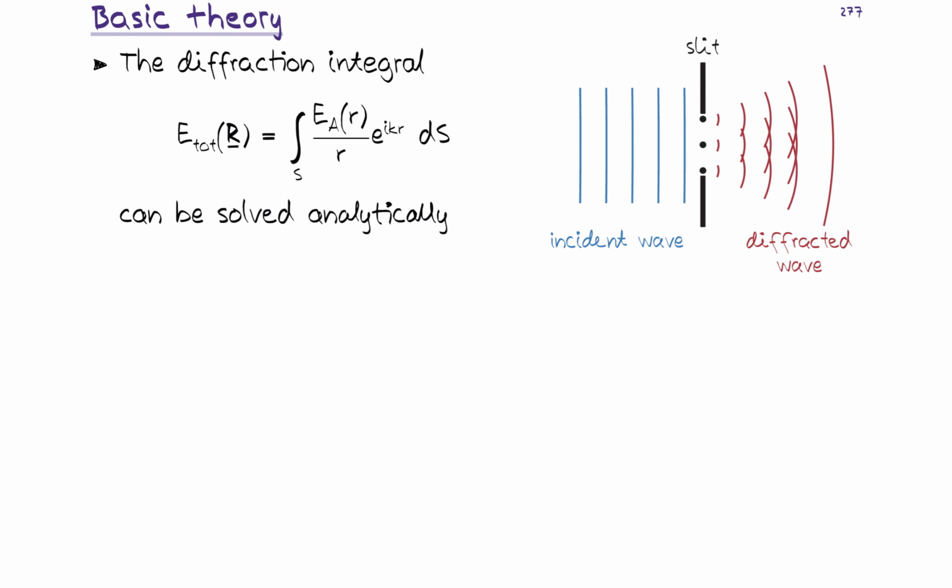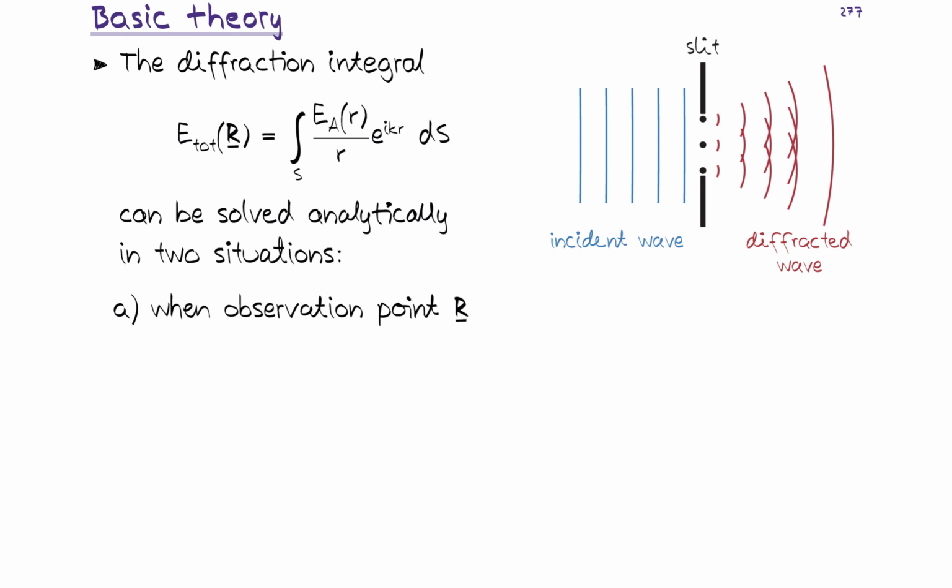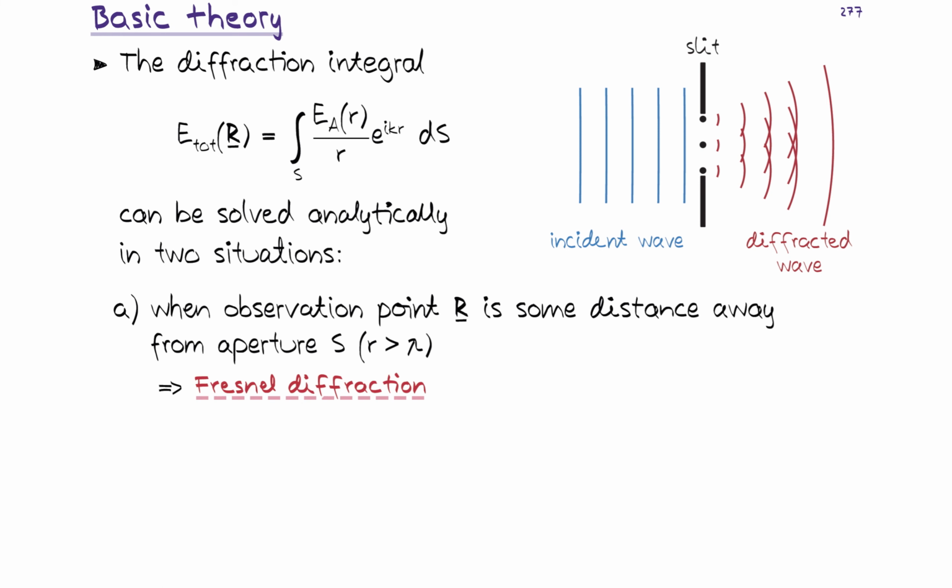And we can solve this analytically only in two simple situations. And we will be dealing with the second one later. The first one would be when the observation point R is only some distance away from the aperture S. So basically, the distance R from the scattering point to the observation point is larger than the wavelength, but not much so. This case would give rise to Fresnel diffraction.